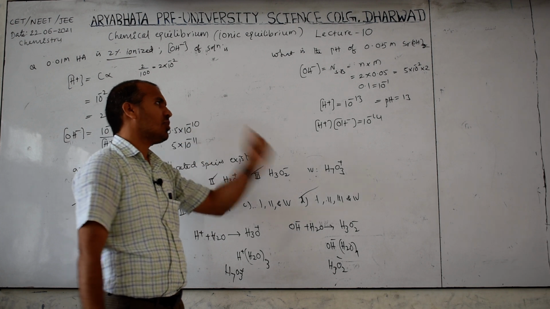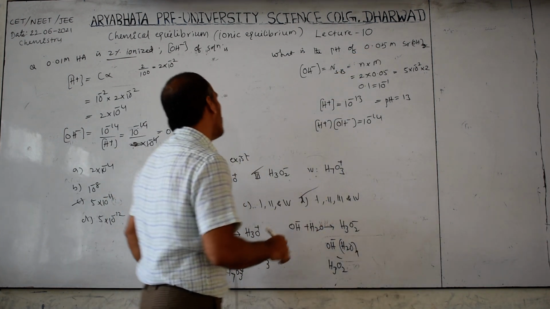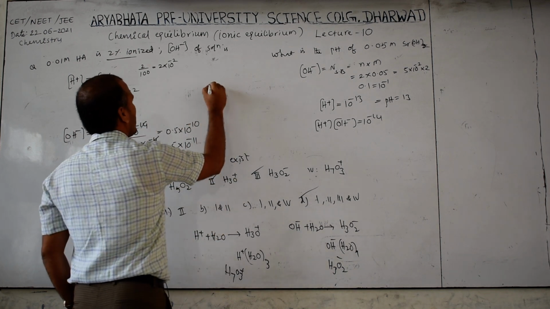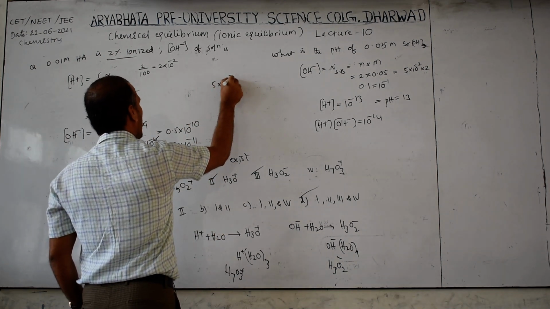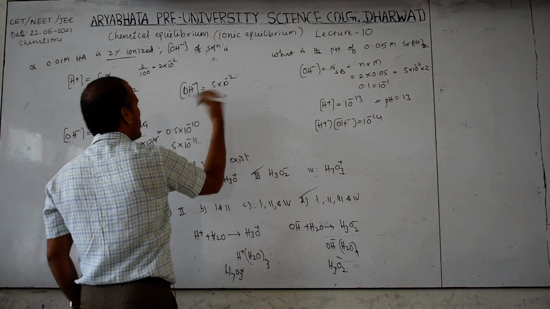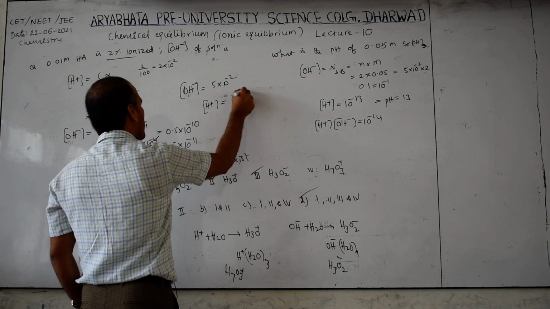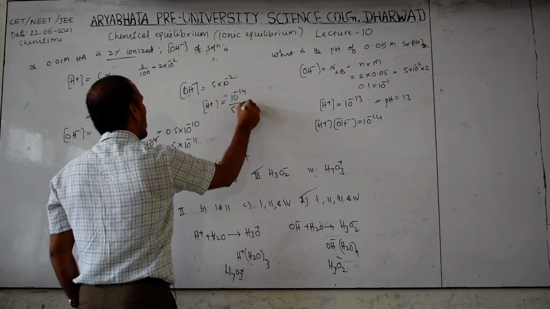Okay. So generally what students will do is directly put this value here, then a wrong option may be present: 5 into 10 power minus 2, that is the OH minus ion concentration. Then immediately you will try for H plus ion concentration, that is 10 power minus 14 by 5 into 10 power minus 2.